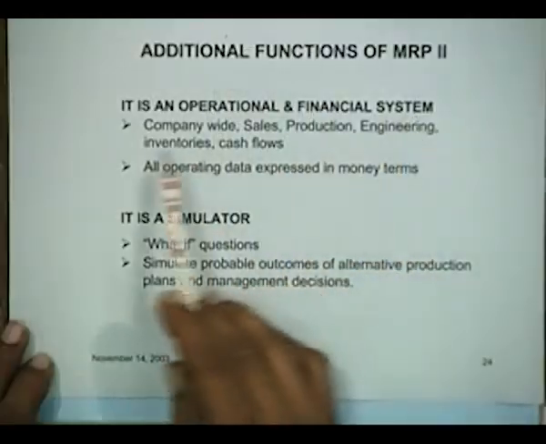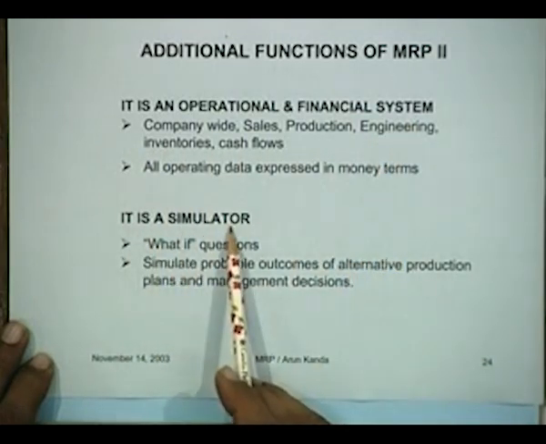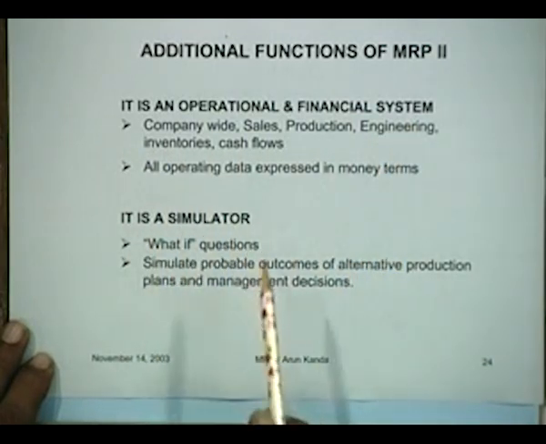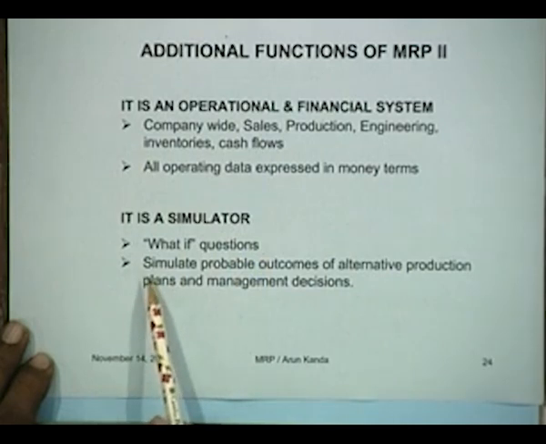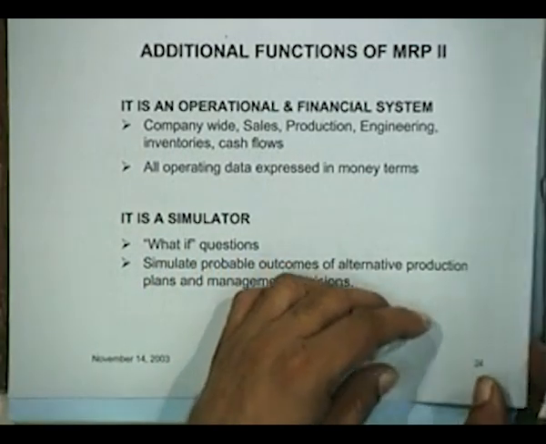So this would be the typical users for this. However, when you talk about MRP2, that is manufacturing resource planning, it is an operational and financial system which does company-wide operations, and it is also a simulator, which means that it talks about answering a variety of what if questions.